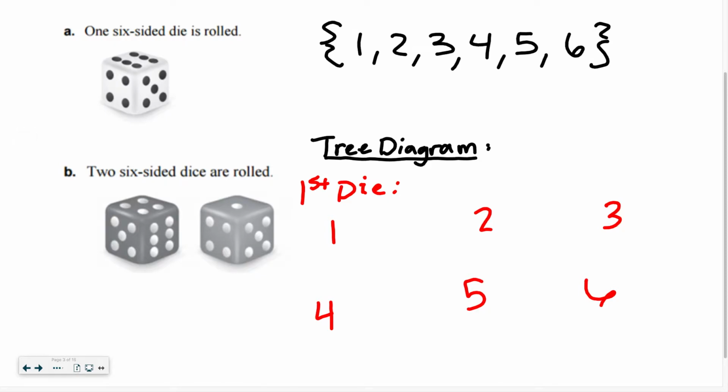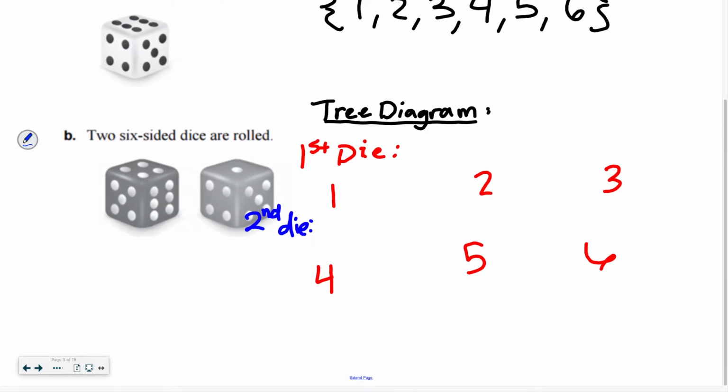But then I have to roll a second die. I'm going to call that the blue die. Well, if I roll a 1, when I roll the second die, this one could turn out to be 1 through 6, right? So I could have 1, 2, 3, 4, 5, 6, and that could be with the 1. So that's the tree diagram.